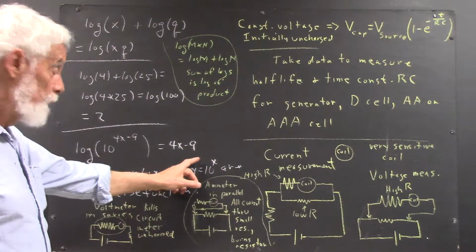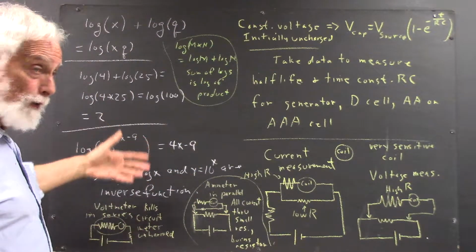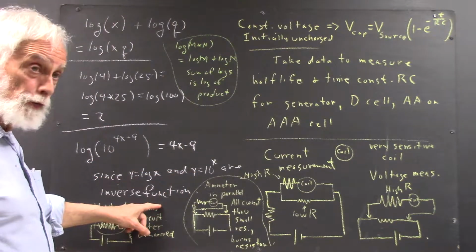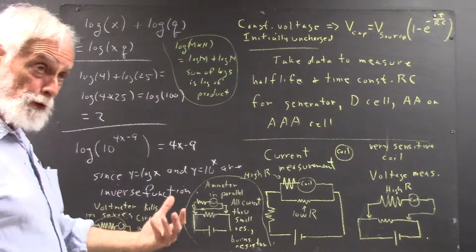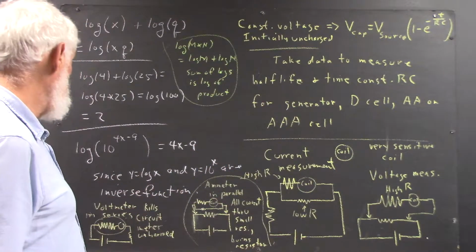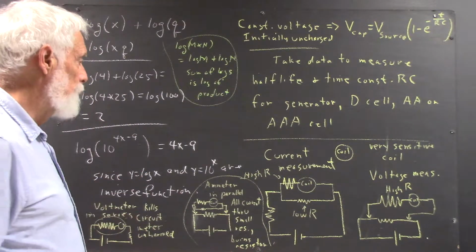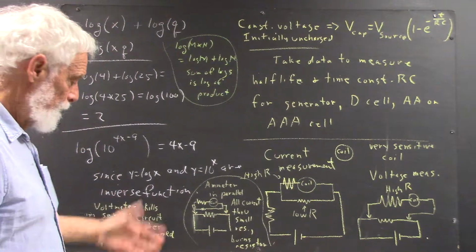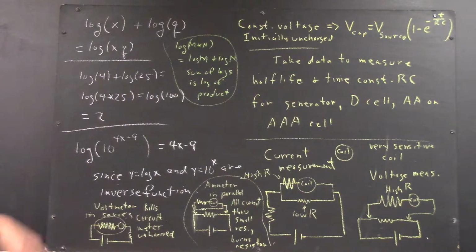It is 4x minus 9. The log of 10 to anything is that anything, because the log x and the 10 to the x function are inverse functions, as we explored in our first class dealing with logarithmic functions. Okay? And that's useful in solving exponential equations. We did solve a couple in our preceding class, and it's just a preview. We're going to be solving more.